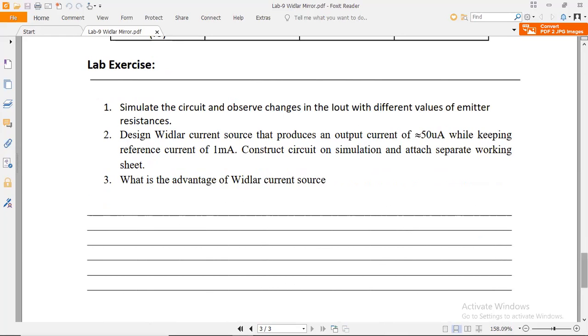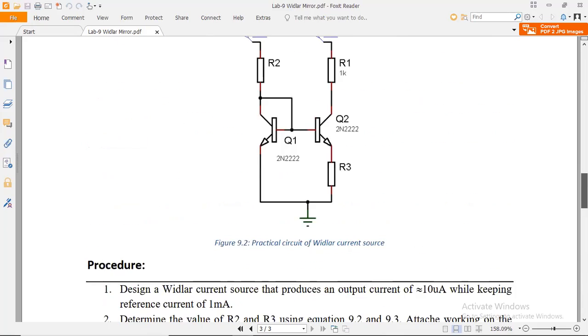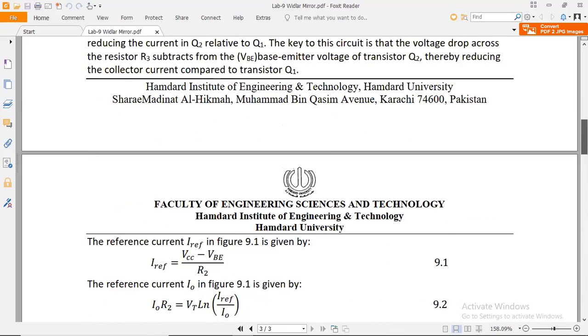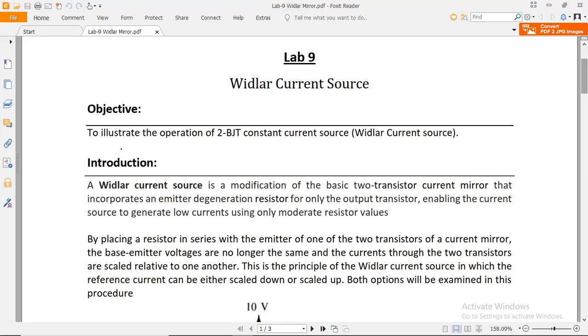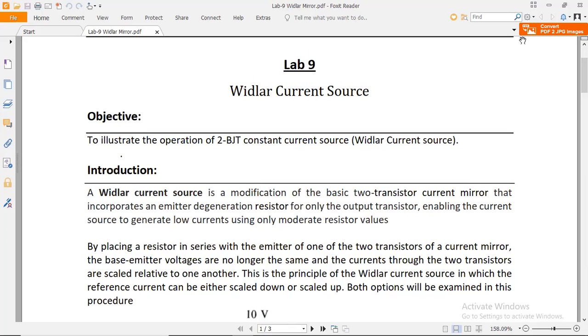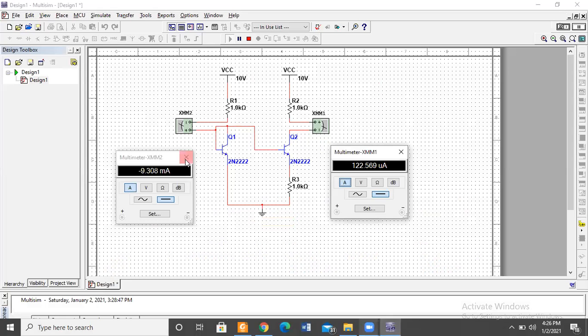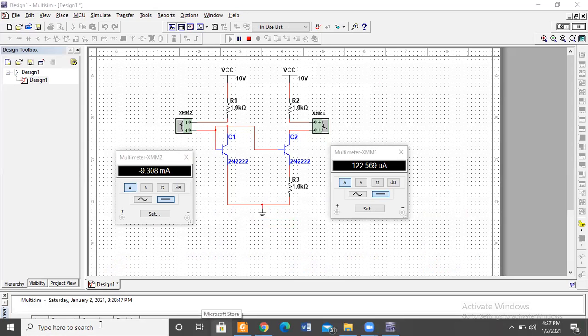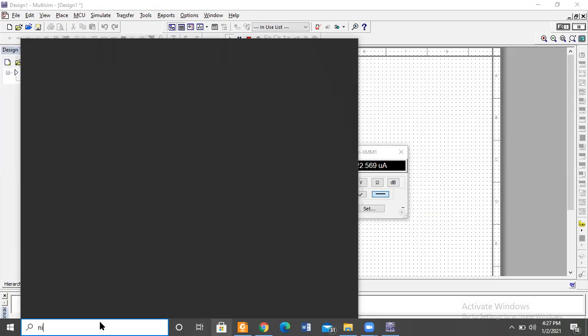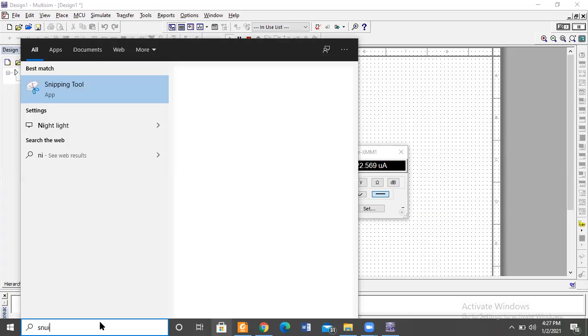Furthermore, this is the simulation and the result that ends here. If anyone has any query, please feel free to discuss. Otherwise, I am sharing this simulation in our official group.